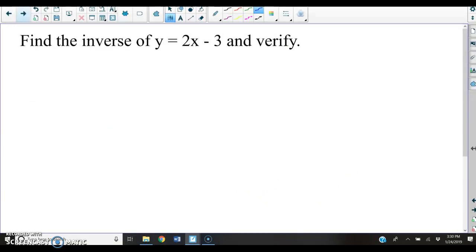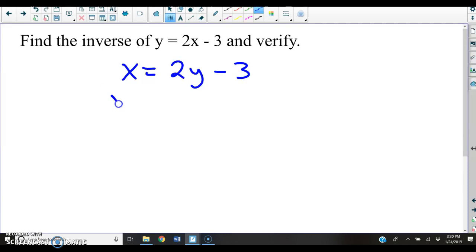Didn't I just do this? I think I did. And that's probably why I remembered those numbers. So again, to switch this, I would go x equals 2y minus 3, and now I'd solve it for y.